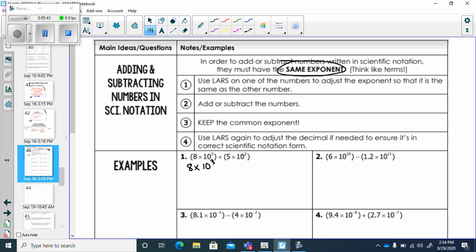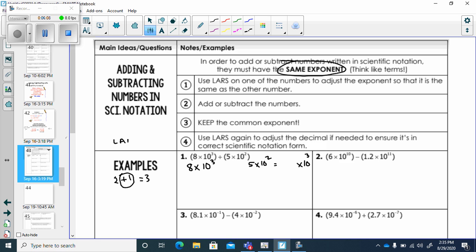And we're going to convert this one to 10 to the third. We've got 5 times 10 to the second. That would be equal to what times 10 to the third? To get from 2 to 3, what have I done? Added 1.